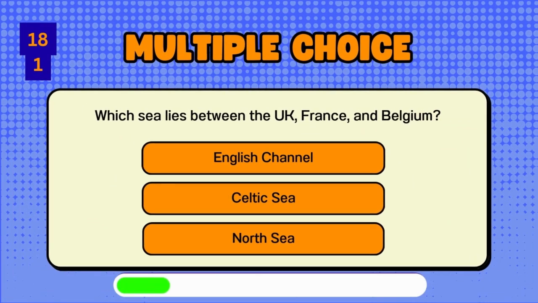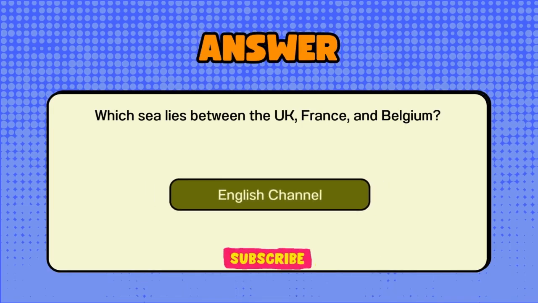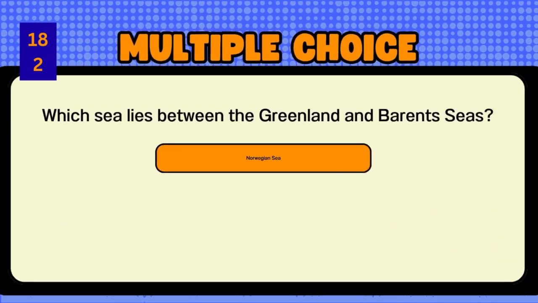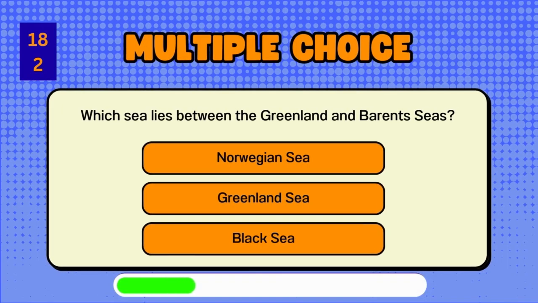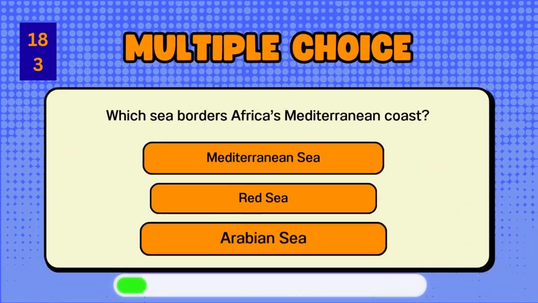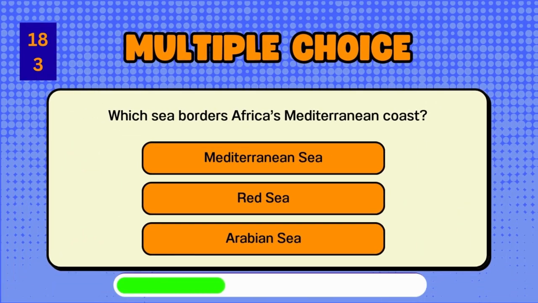Which sea lies between the UK, France, and Belgium? Which sea lies between the Greenland and Barents Seas? Which sea borders Africa's Mediterranean coast?